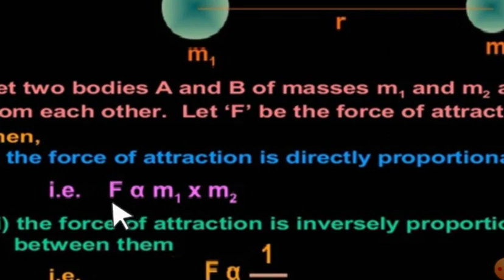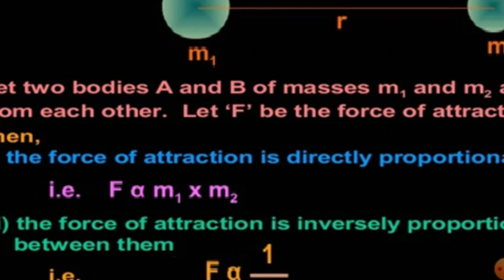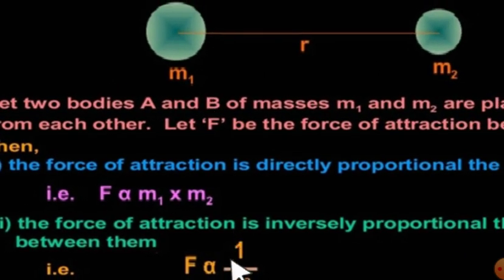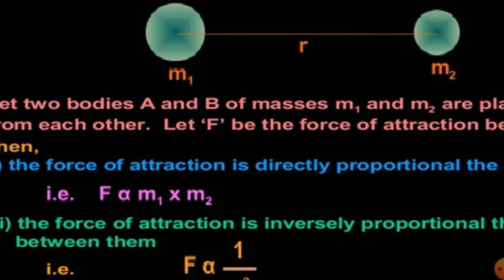so F, the force of attraction or force of gravitation between the two masses, is directly proportional to the product of the masses and inversely proportional to the square of the distance of separation between the two masses. Got it? This r is the distance of separation between the two masses.